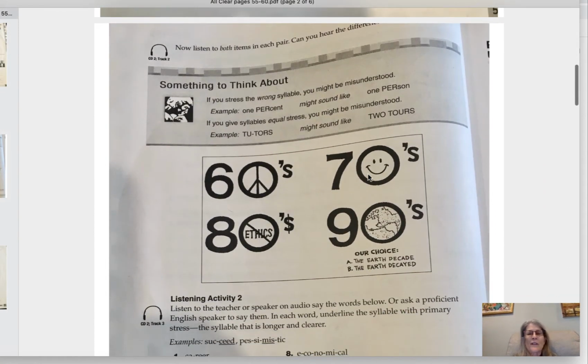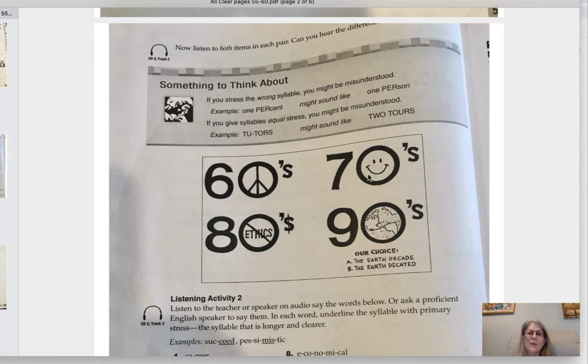One thing that students really have trouble with is making sure that there's a difference in saying the decades, the numbers of the decades. When we say 60s, 70s, 80s, 50, okay, things like that.